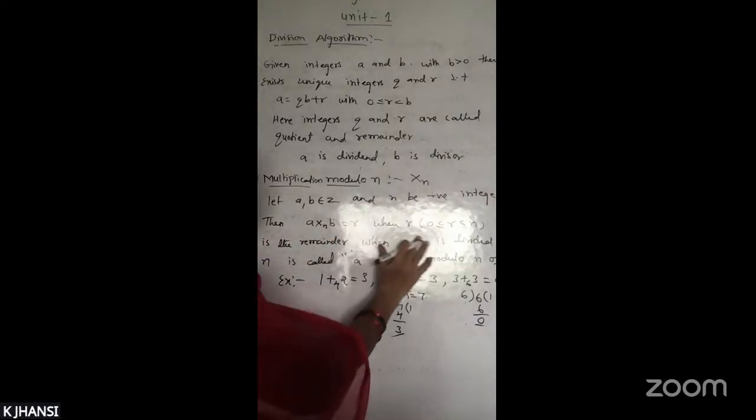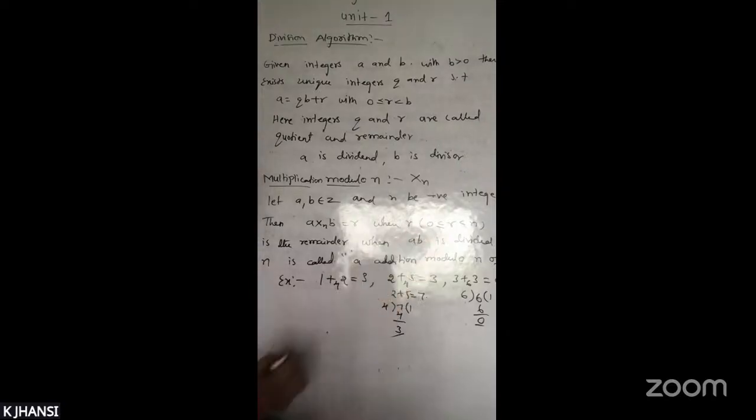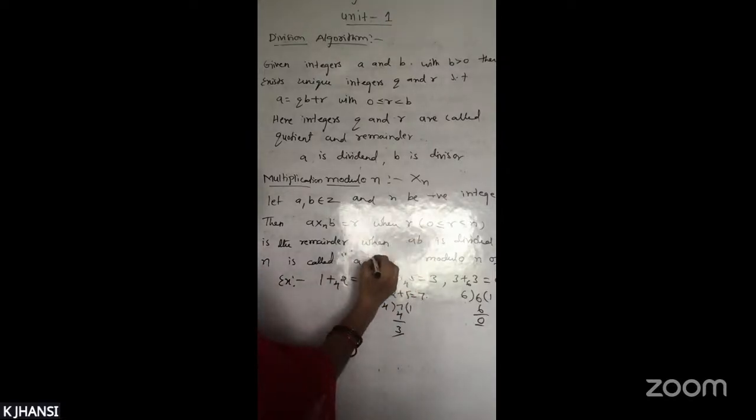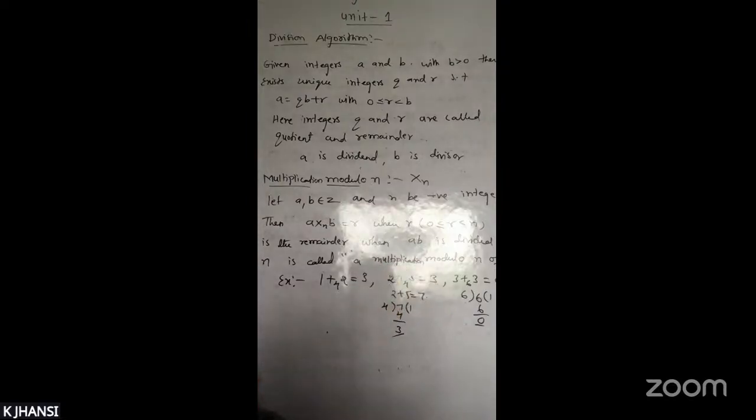Then a times b is equal to r, where r is the remainder when ab is divided by n. This is called the multiplication modulo n of a and b.